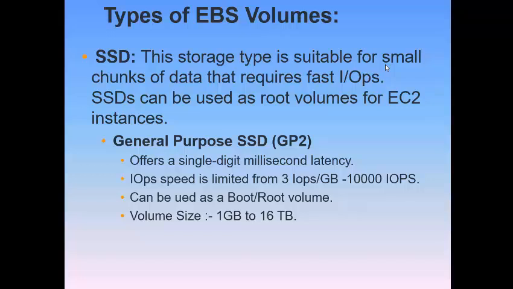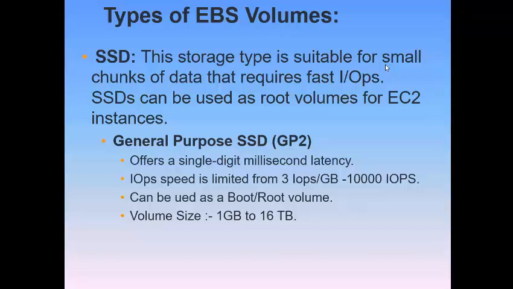Object storage is the S3, where the entire file goes in one shot, like a single file. But in block storage, the data is divided into small blocks and then saved onto the drive.